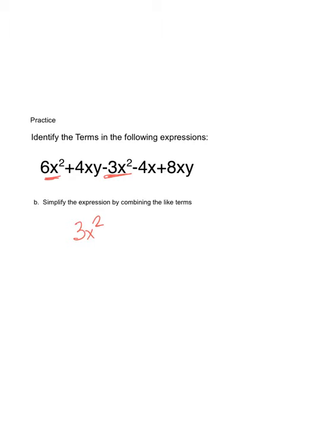I also have 4xy and a plus 8xy, which gives me a 12xy. There are no like terms with the 4x, so I am just left with minus 4x. So there we go. We went from 5 terms to 3 terms by combining the like terms.